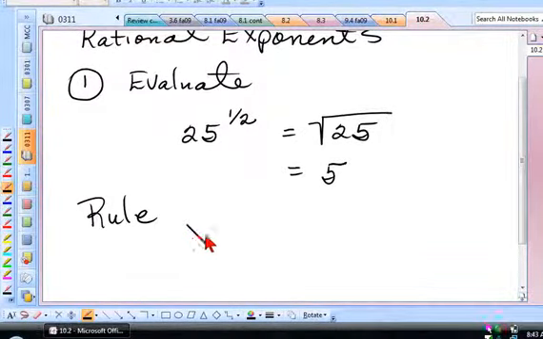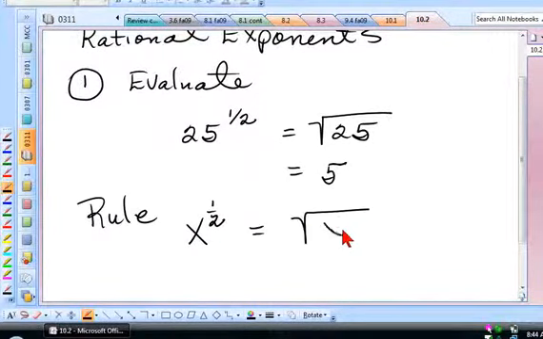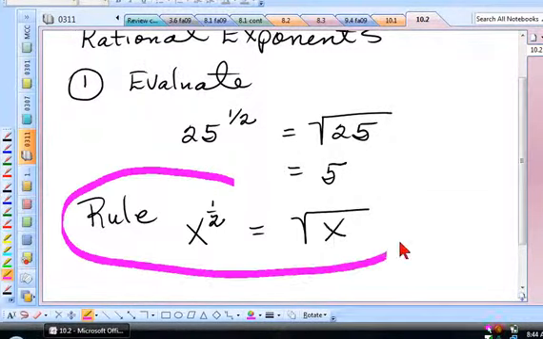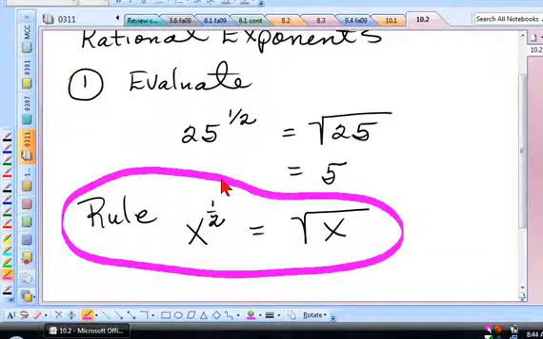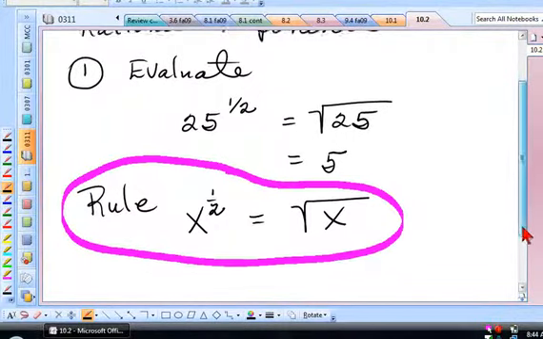If you have x to the 1/2 power, that means square root of x. We are going to get a more general rule in just a minute. But the 1/2 power means square root.